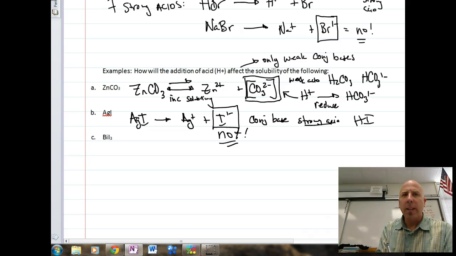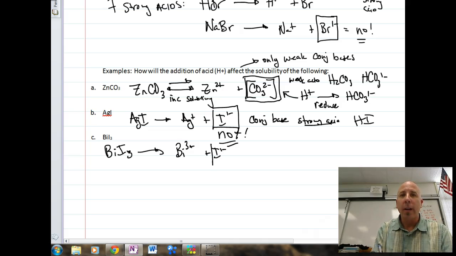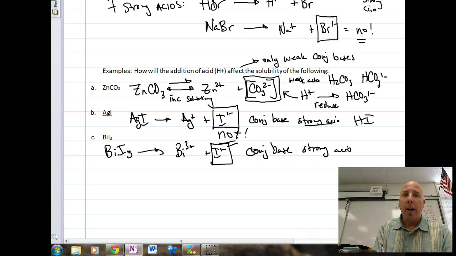And it looks like this last example I gave is bismuth iodide, which is the same exact example as the previous example. I should have chosen something else. Again, BiI3 is going to break up like this. And again, iodide is the conjugate base of a strong acid. So we would say that adding acid will not affect the pH, or no.